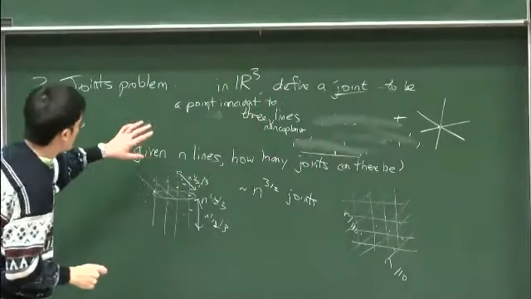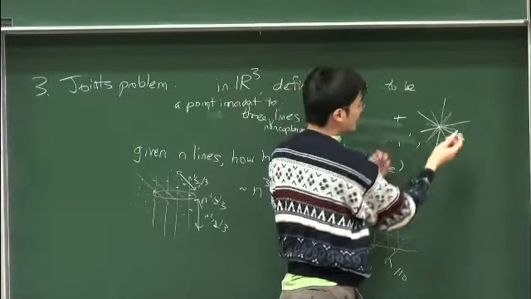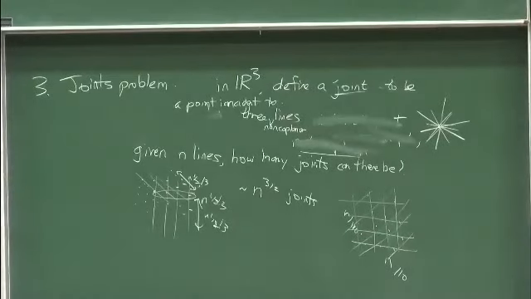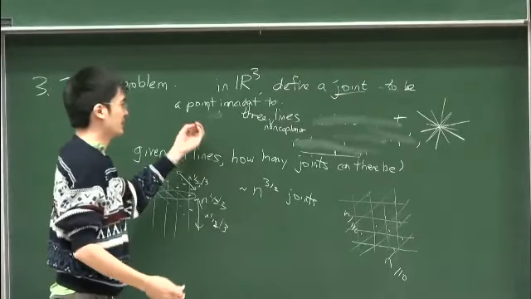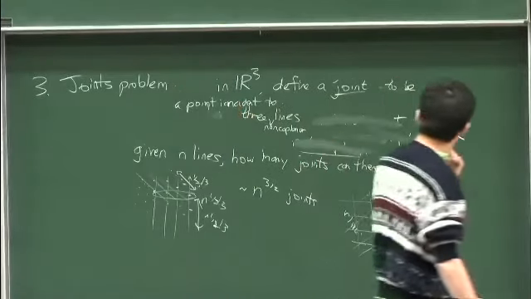So it's almost the same definition, I just messed it up a little bit. If you have many lines going through one point, that's just one joint. That's not many joints. I think I gave a slightly wrong definition. Otherwise, of course, you could get n cubed joints by having just n lines go through one single point.